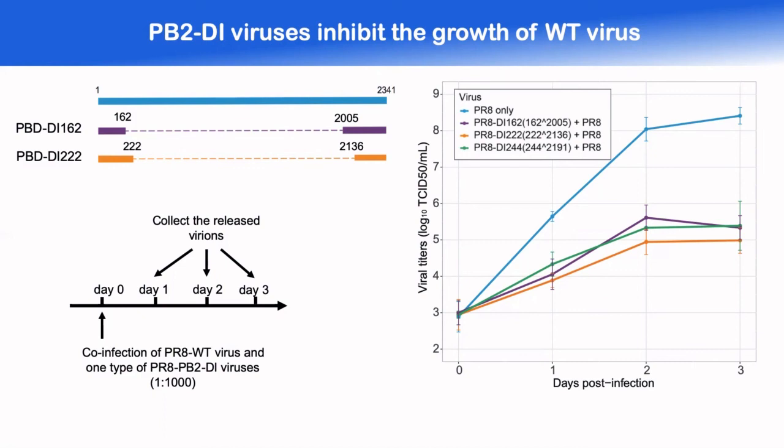And that's what we see here. So this is the wild-type virus growing well on its own. And when you co-infect with both of these DIs, you basically get interference of replication of that wild-type virus. So we know these are not just DVGs, they're interfering DVGs, so DIs specifically.